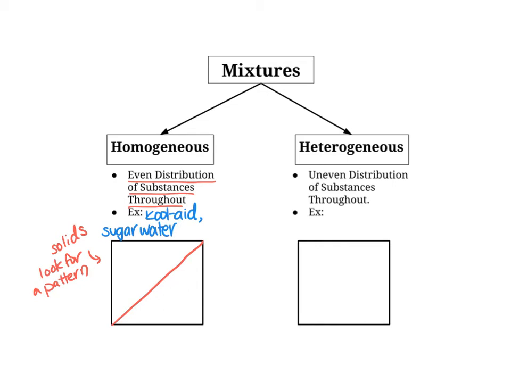So, for example, if I was going to mix iron with sand, which is silicon dioxide, that's the fancy name for sand, those are all going to be solids.